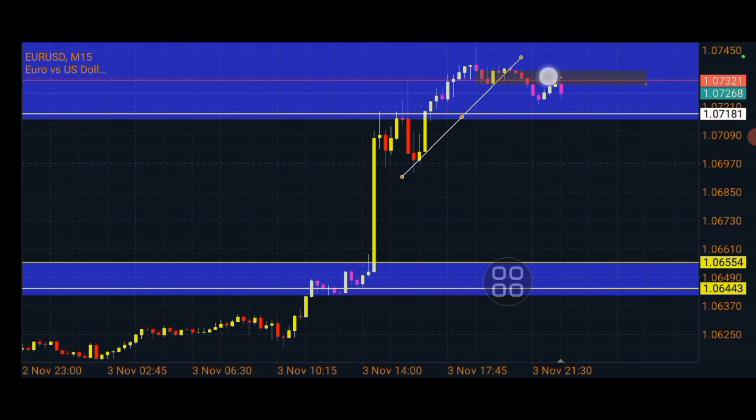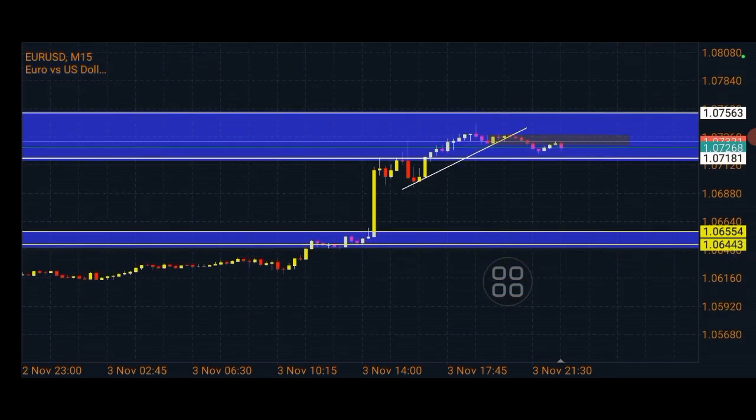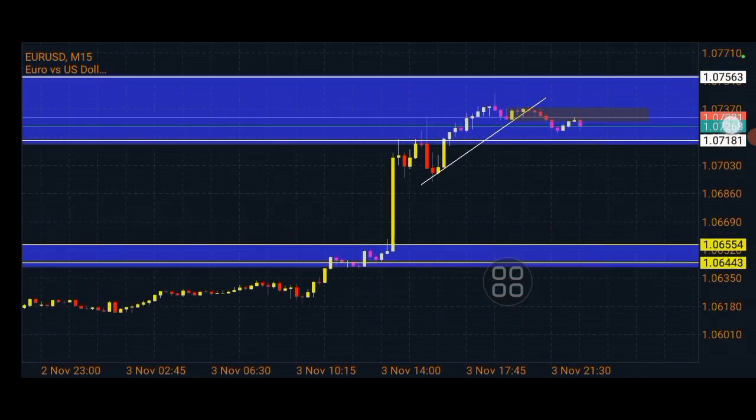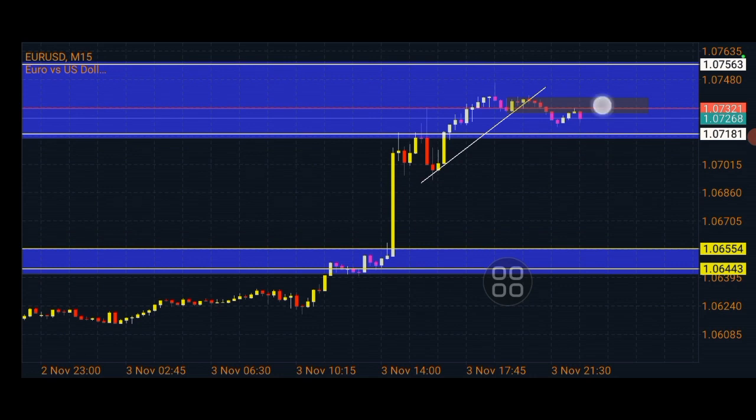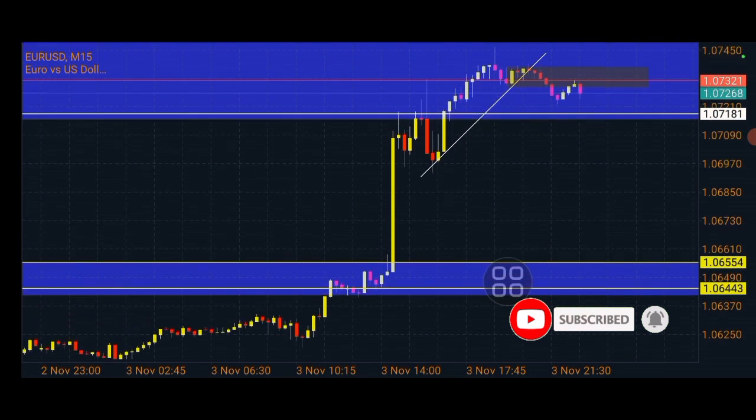M15 candle should not close above this line. If it really wants to drop as a sell, M15 should not close above this zone and go up.